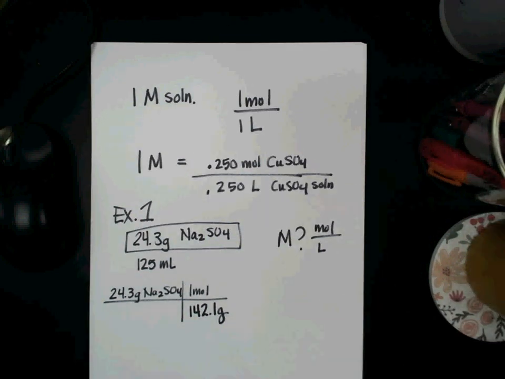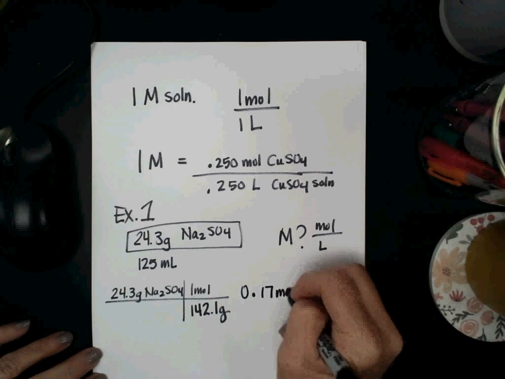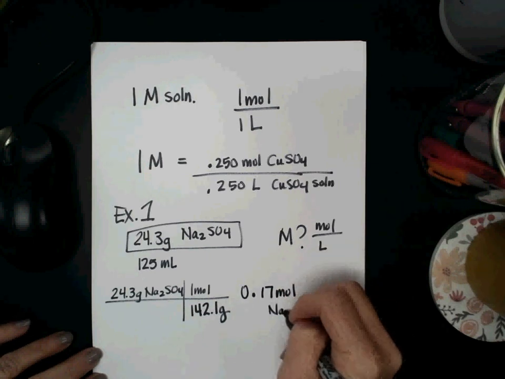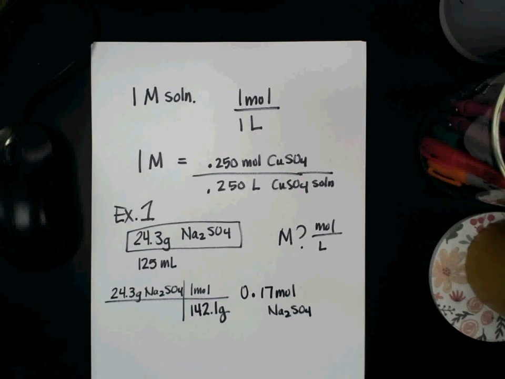So I've got 24.3 divided by 142.1, which gives me how many moles? 0.17 moles, yeah, we good?